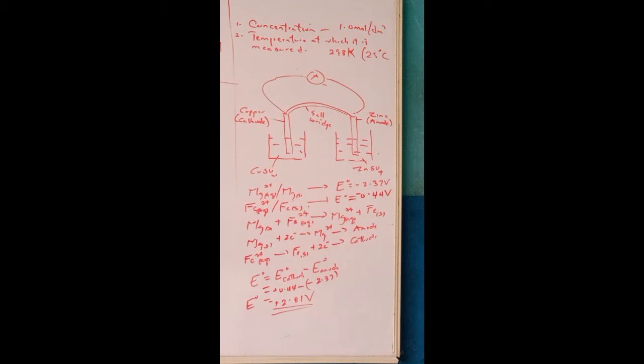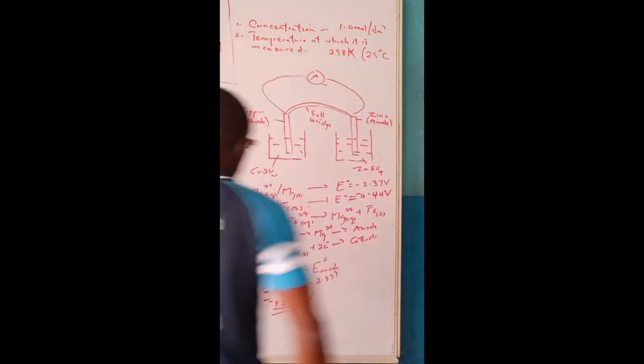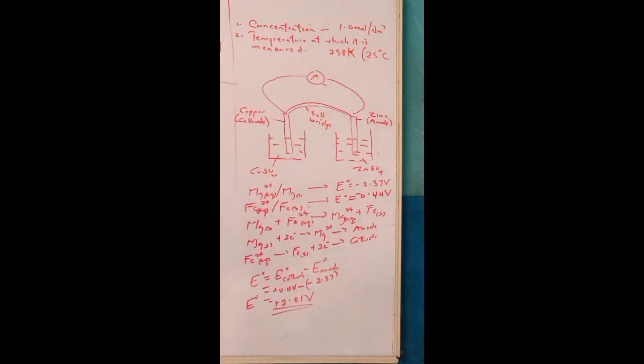Okay, that's what should be. Please look up. Let's compare the equation to our own equation. This was what they gave us. Look at our own. Our own is going from metal to iron.